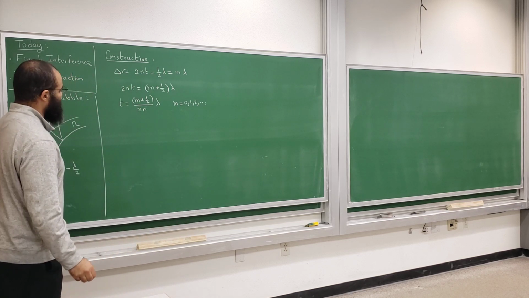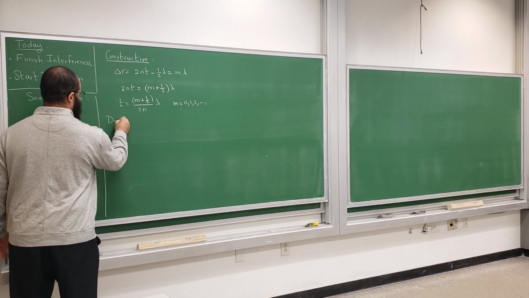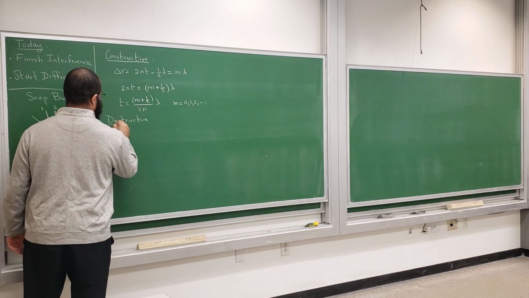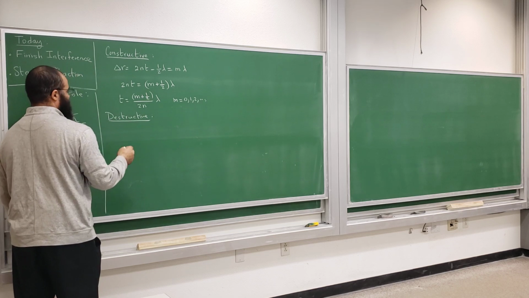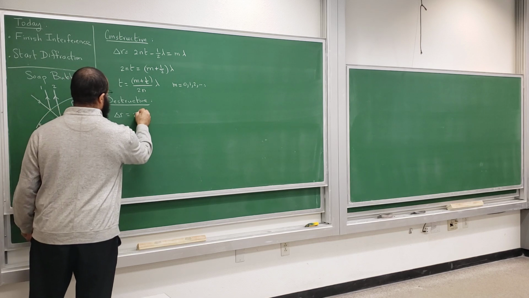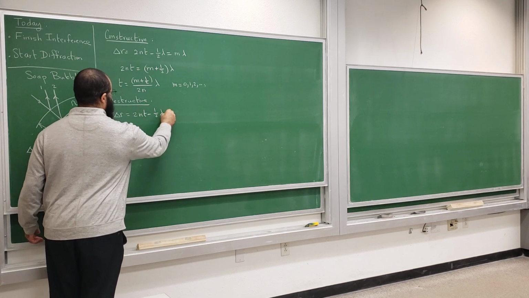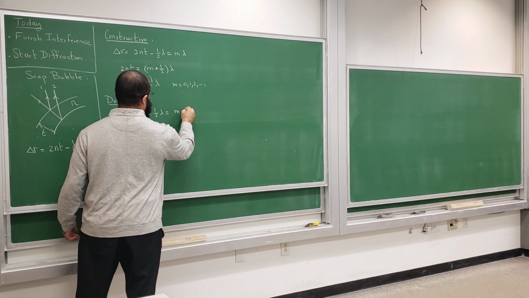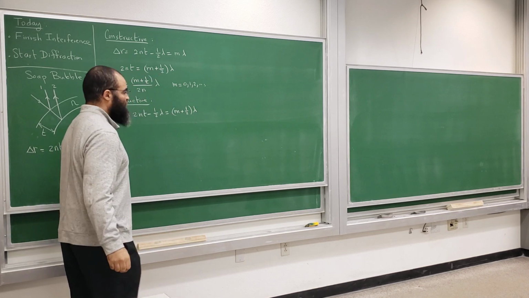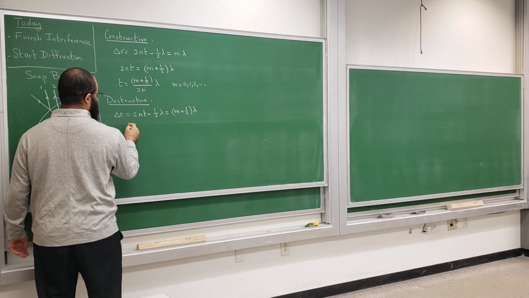So that's for constructive. For destructive, we need delta R, which is equal to 2nt minus half lambda, to equal m plus a half times lambda, right? And so we can move the half lambda over there.